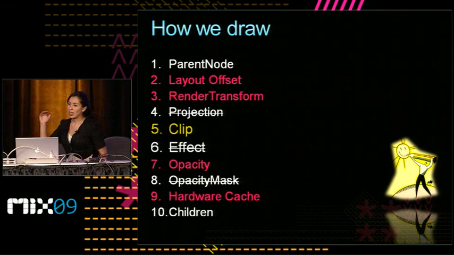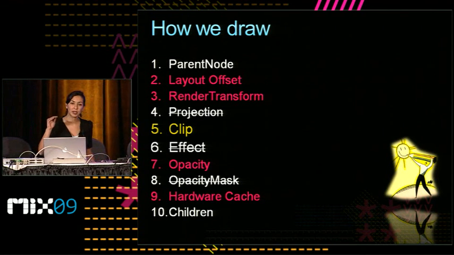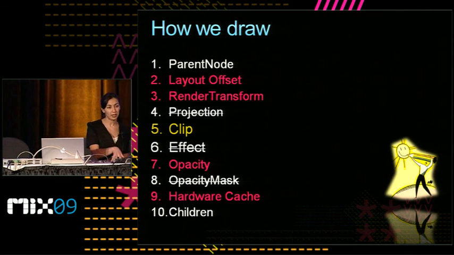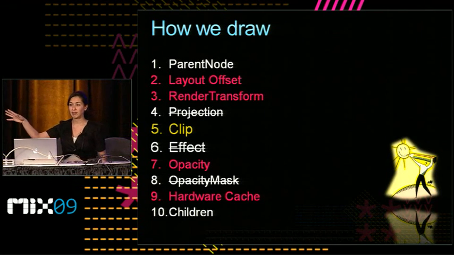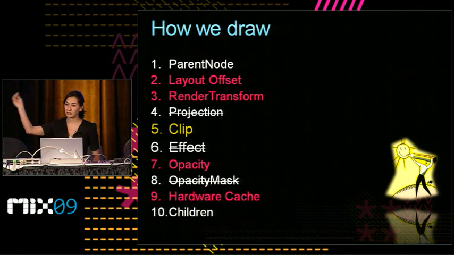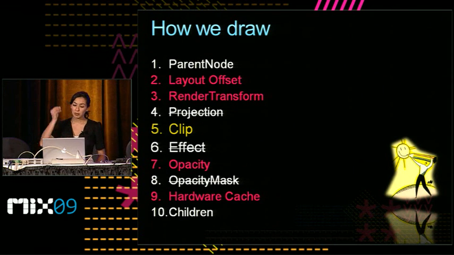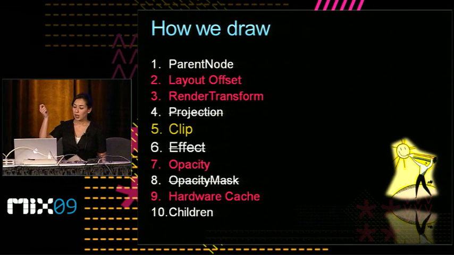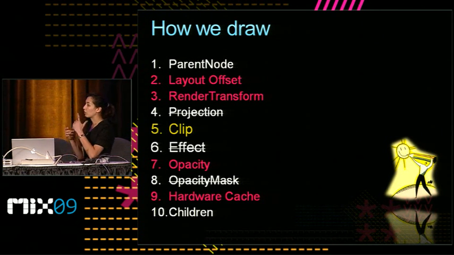But opacity mask, effect, and projection were all written with software-only pipelines in Silverlight 3. And in Silverlight 4, Silverlight 5, maybe we can get into hardware accelerating those as well. But at the beginning, what we wanted to do was start small.